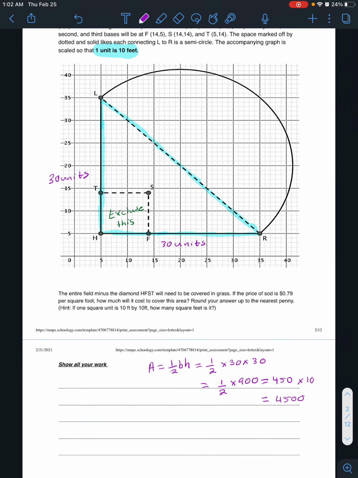So the first thing that we should have done a little better is write the actual units. You should write 30 units times 30 units. I think what we forget is that 30 units, if we converted this first into feet, would be 300 feet. And the same thing would apply over here.